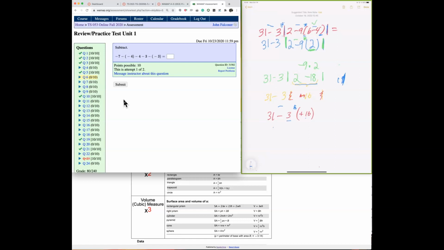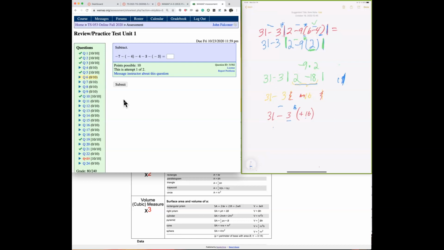Negative 4, negative 3, negative 3, and what's that equal to? All right, so first thing I'm going to advise you to do is try to get it so that you don't have signs doubled up. So here we're subtracting a negative, and here we're also subtracting a negative.